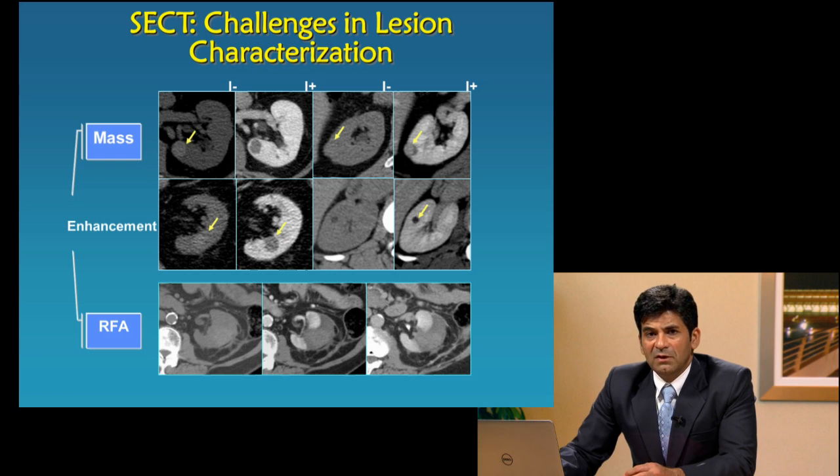Now, this problem has been confounded further by introducing new organ-directed therapies like radiofrequency ablations or other types of ablative therapies that introduce certain types of changes which are difficult to interpret, and subtle abnormalities like complications or tumor recurrence detection can be challenging in certain cases.